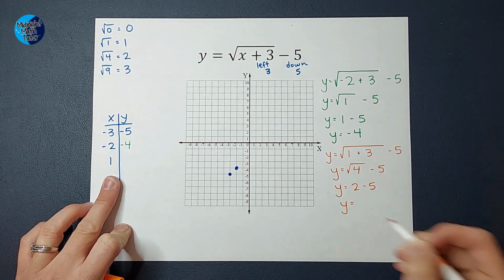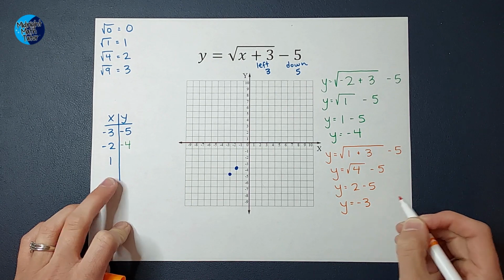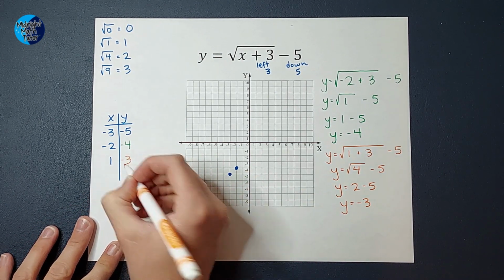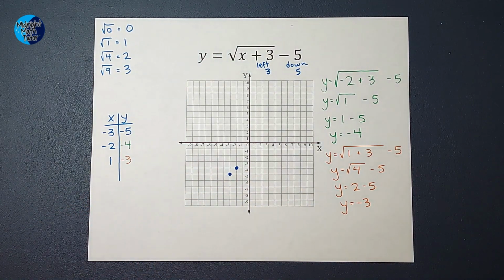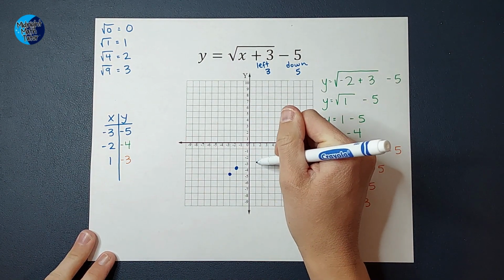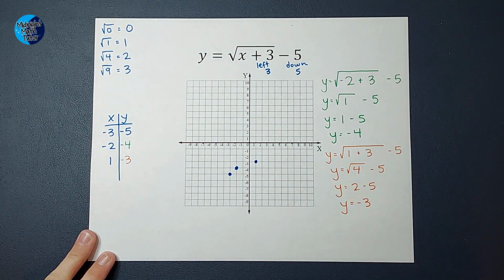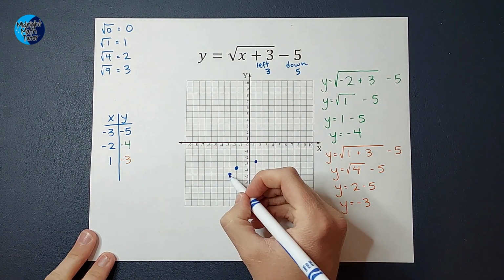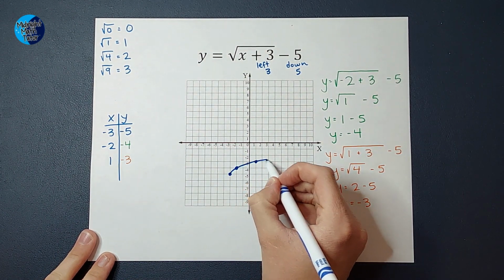And 2 minus 5 gives me -3. So when I plugged in 1, I got -3. So 1, down 1, 2, 3. Now that's giving me a pretty good idea of what this graph looks like.